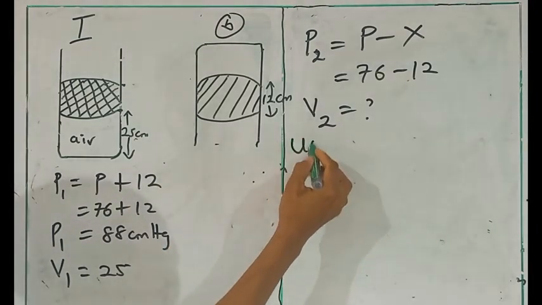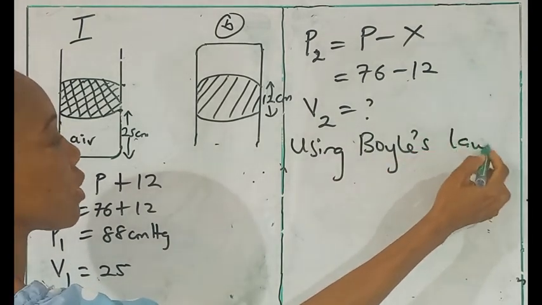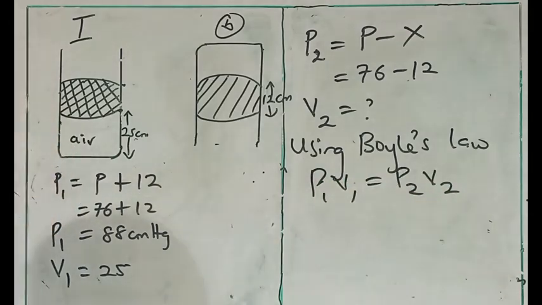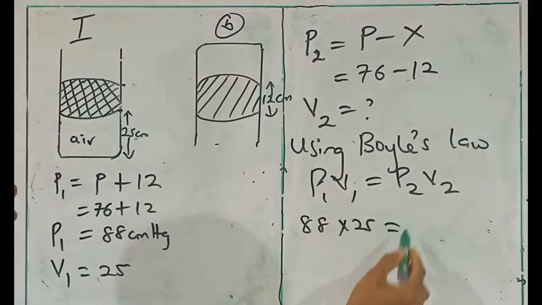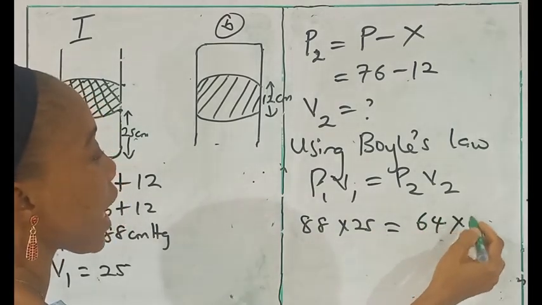So using Boyle's law, P1V1 is equal to P2V2. This is how you solve problems like this. You must watch this video and understand it and be able to apply it in solving problems like this. So for P1, we have 88 times 25 is equal to 76 minus 12, which gives us 64, times V2.